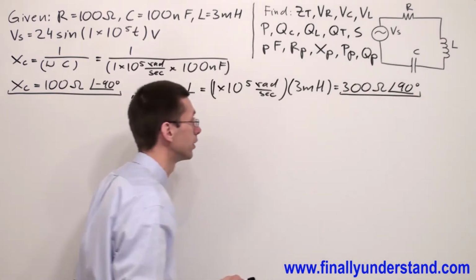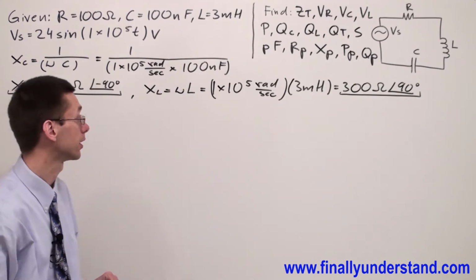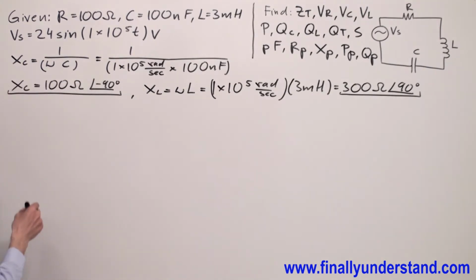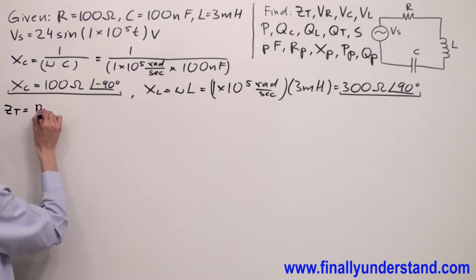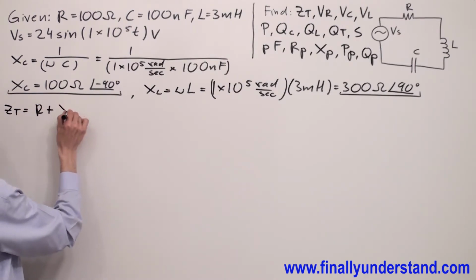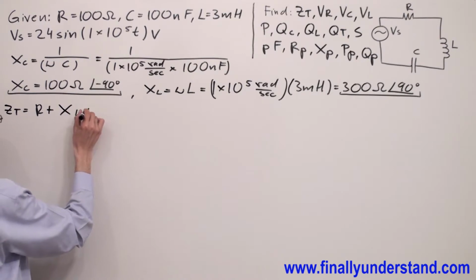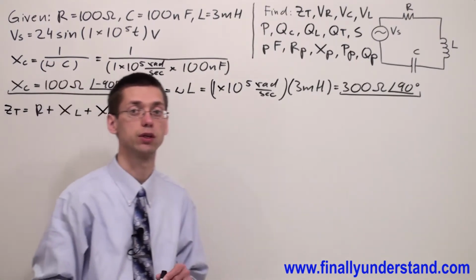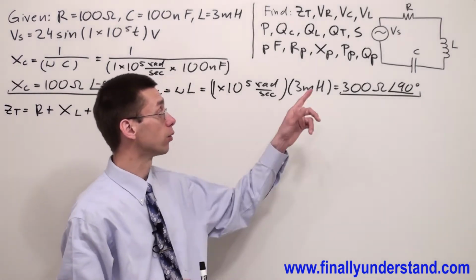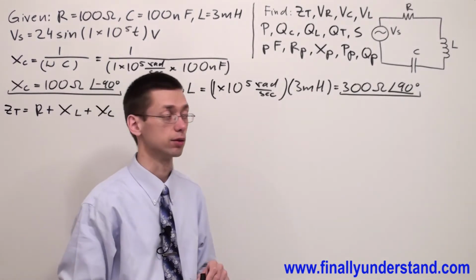Okay, so I found X of C and X of L. Next I can find Z total. Z total is equal to R plus X of L plus X of C. I'm supposed to add all impedances together because I'm calculating the series circuit.